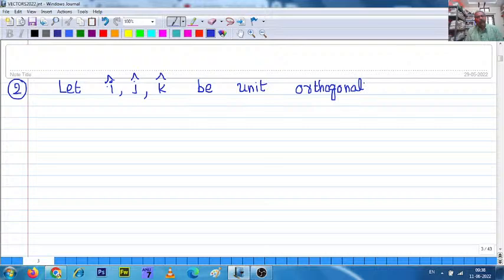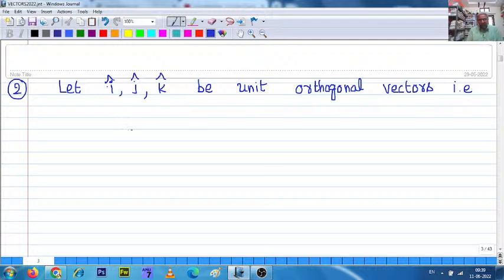Orthogonal, what do you mean by orthogonal? Just think for a while. Before completing this one, orthogonal vectors. So what do you mean by that? i, j, k are unit orthogonal vectors. So we define like that.